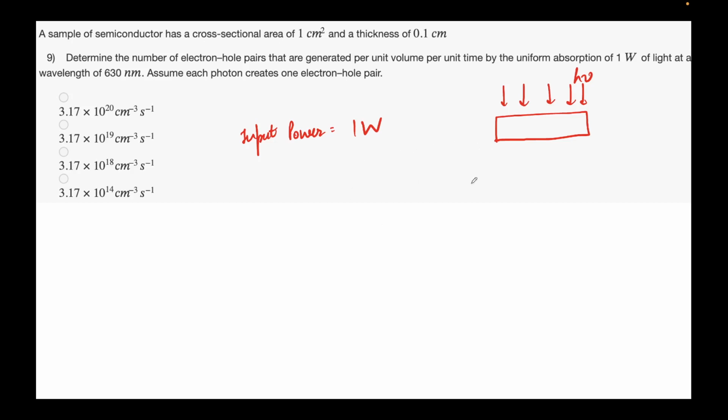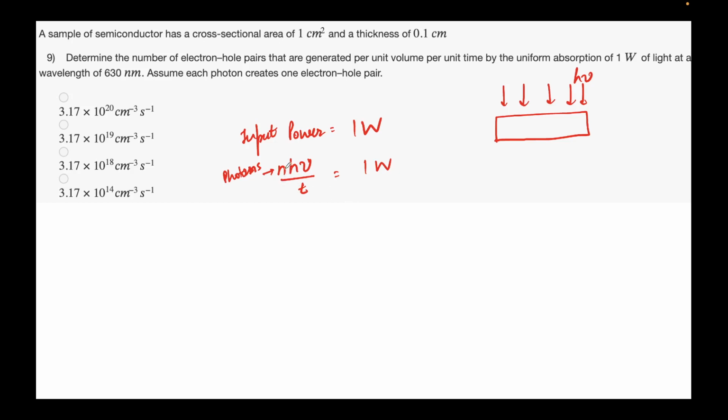So what I can write here is n h nu. n is the number of photons coming in, h is Planck's constant, and nu is the frequency of the photon. This is the total energy per unit time, which has been given to me as 1 watt.